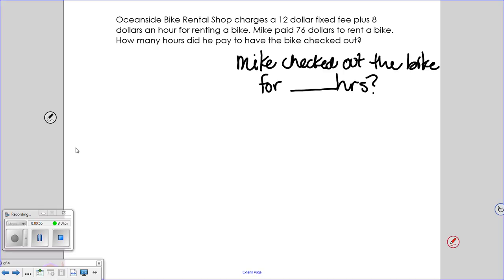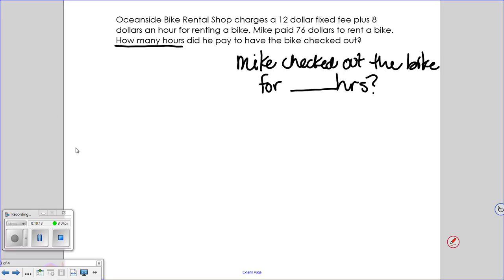It's the exact same thing. Whether he was riding the bike or checking out the bike for that long, we want to know how many hours. That's what we're really trying to figure out. Mike checked out the bike for how many hours? Blank hours. Okay?